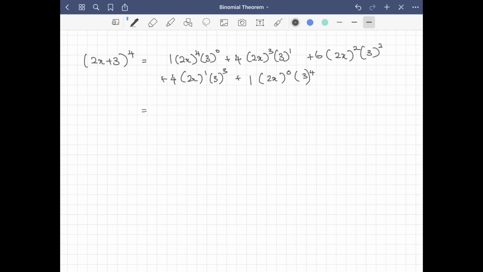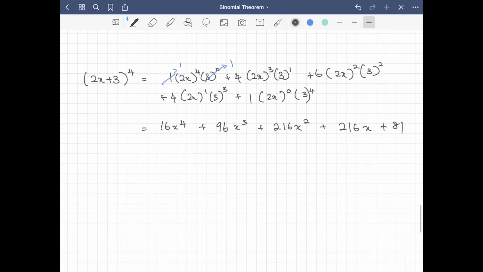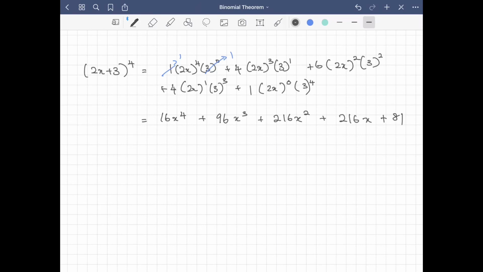So we can express it slowly and get its coefficients. The 3 to the power of 0 is 1 and doesn't make any effect. So 2 to the power of 4 is 16. 16x to the power of 4 plus 96x cubed plus 216x squared, and so on. And this is the answer, the expression for (2x plus 3) to the power of 4.